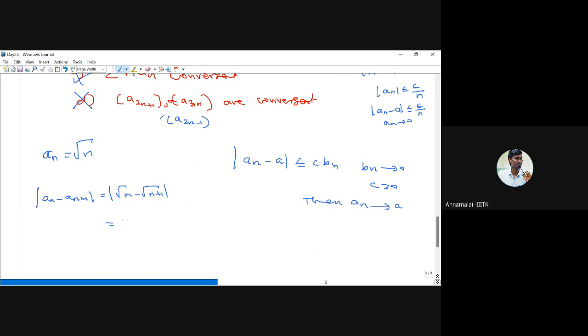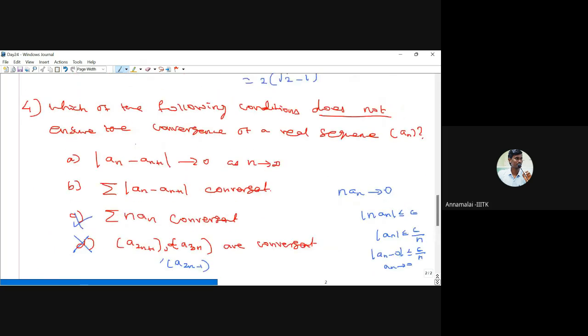In the numerator we have a square minus b square, therefore we get 1 in the numerator. So as n goes to infinity, this goes to 0. Therefore, this an satisfies the condition, but an diverges. So this does not ensure that the sequence converges.